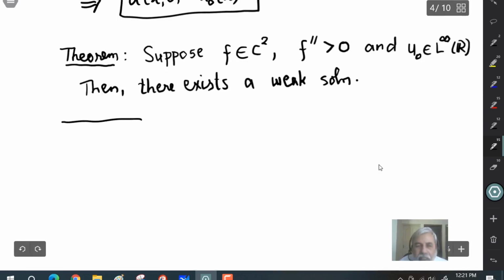This is an important theorem and there are many different ways of proving it.